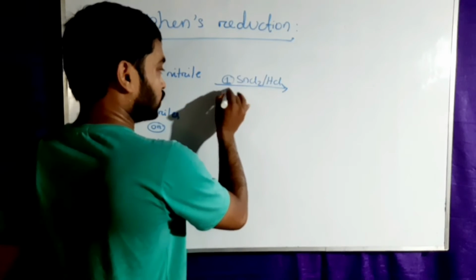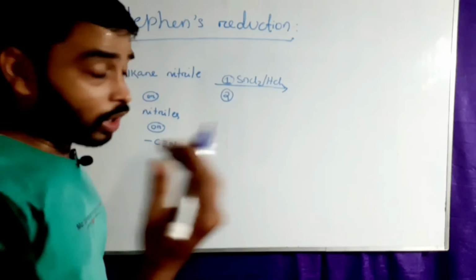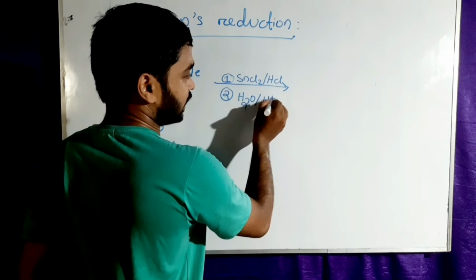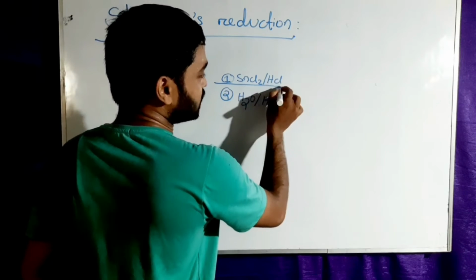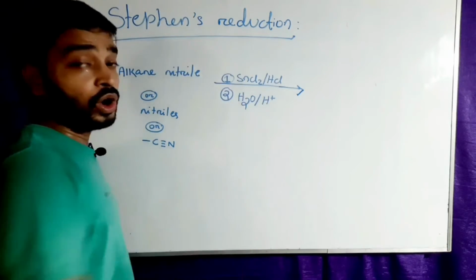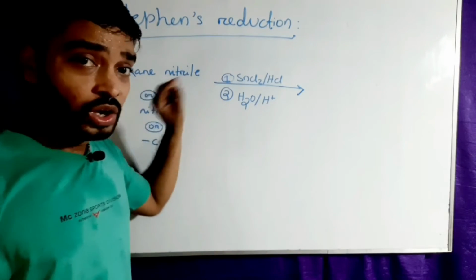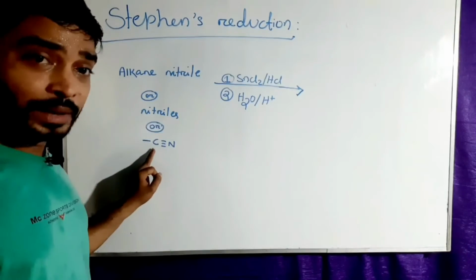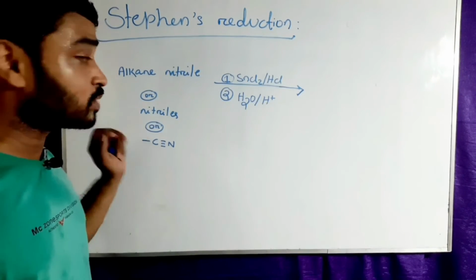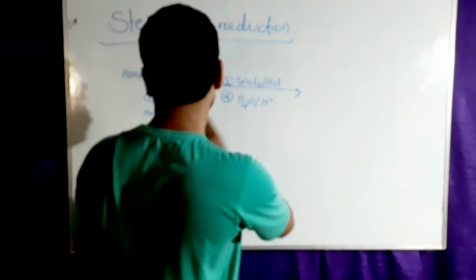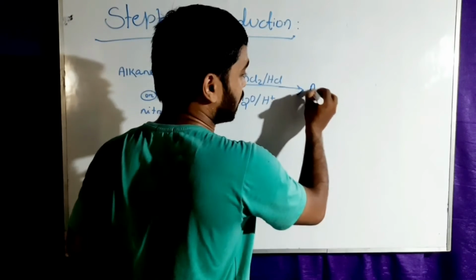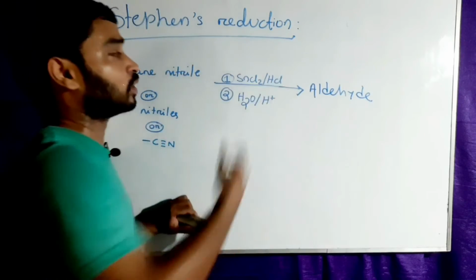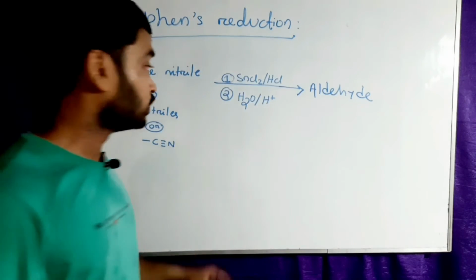After that, the resulting compound undergoes acid hydrolysis, and after the completion of the reaction, the two-step reaction involves the formation of only aldehyde, because nitriles are terminal carbon containing functional groups. So what will happen here? It will result in the formation of aldehyde only. How the aldehydes form, we will know through the reaction and mechanism here.